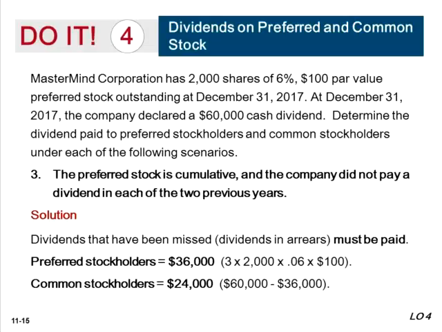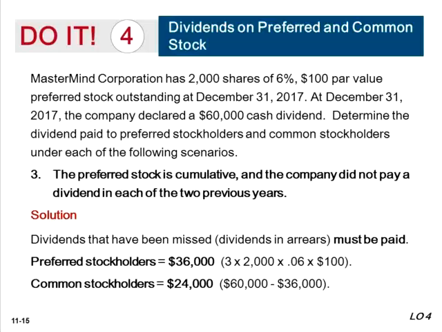Alright, we have the same fact pattern again. This time, scenario 3, the preferred stock is cumulative, and the company did not pay a dividend in each of the previous years. So, we've already seen that the annual preferred dividend is $12,000.